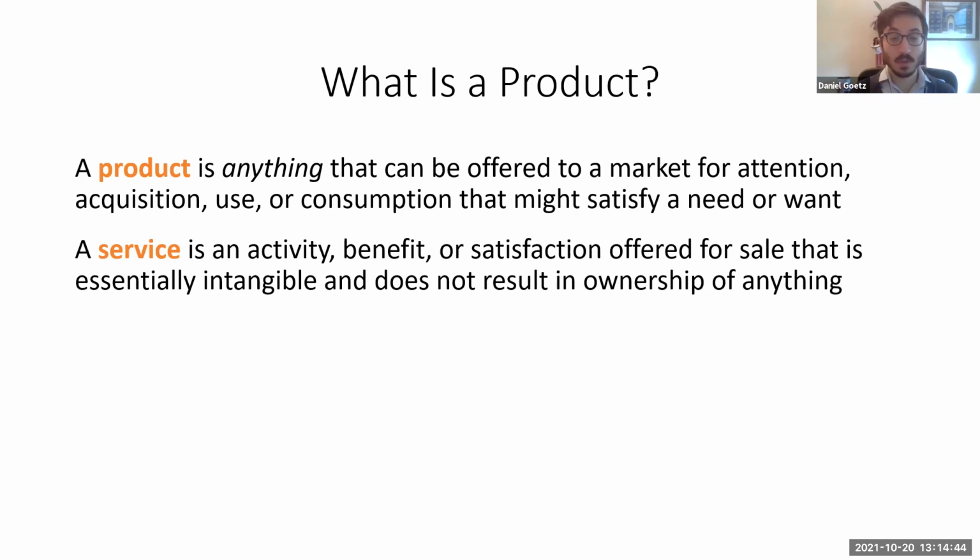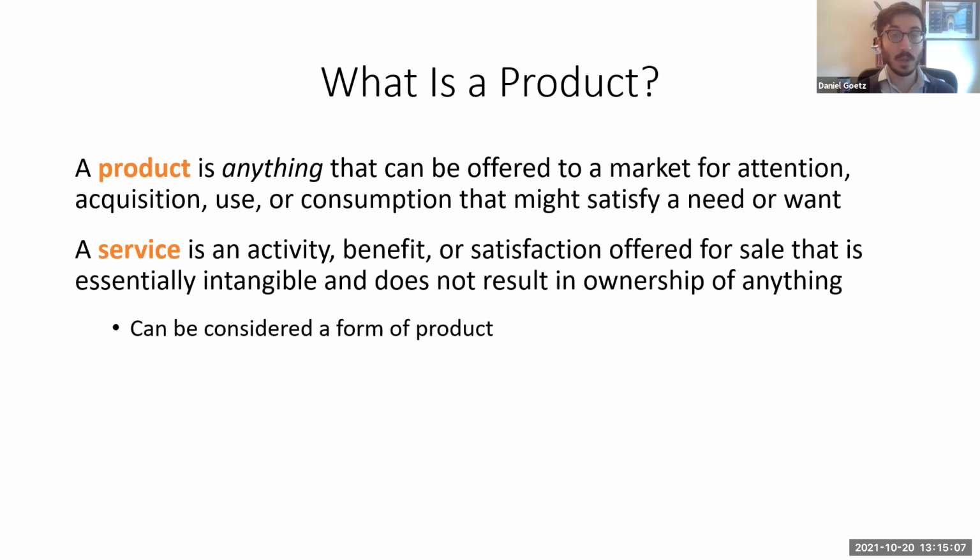Sometimes we talk about products and services as different things, but when we use that first, very broad definition of a product, we see that service falls under that category. There's nothing in that first definition about a physical object.